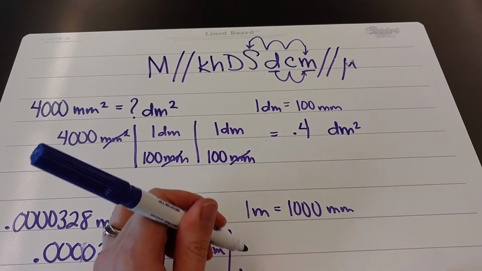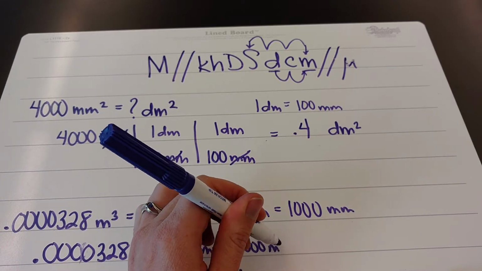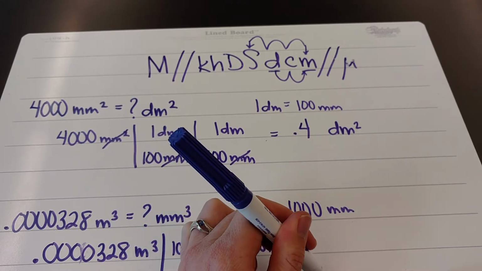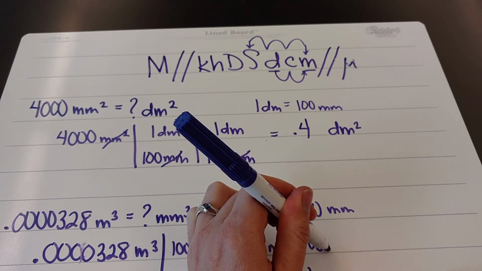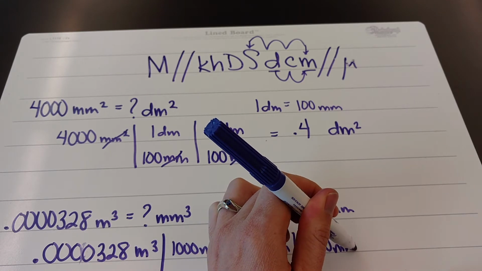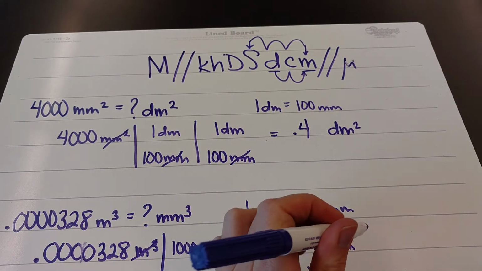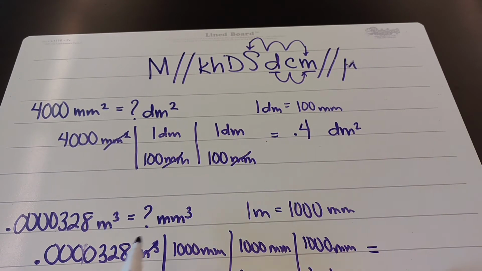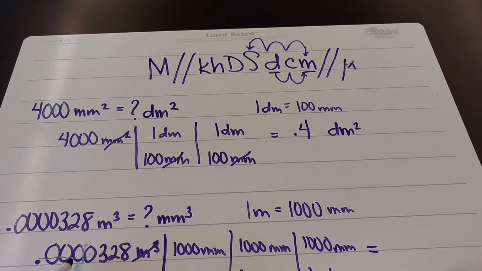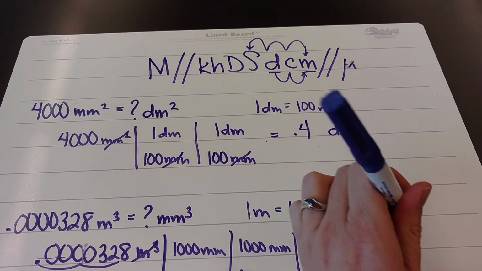We do that 3 times so that we end up with what would be a cubic meter on the bottom. All 3 of those take out that cubic meter on the top. Multiply by 1,000, multiply by 1,000, multiply by 1,000.